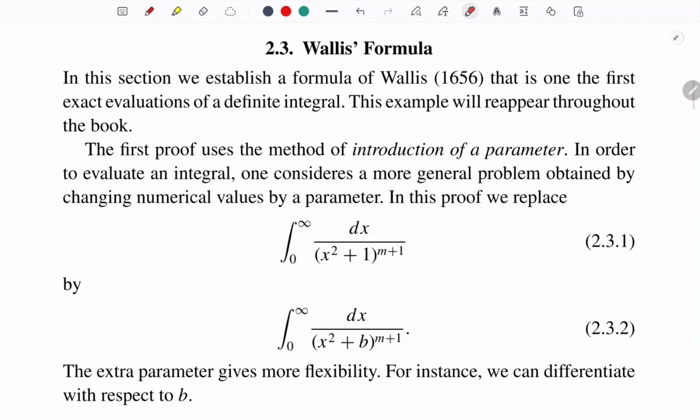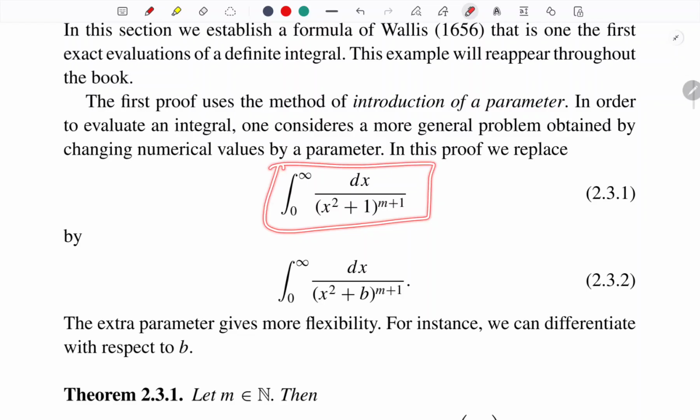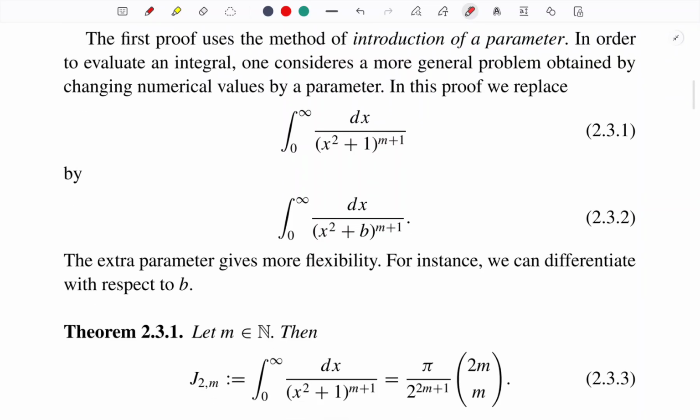And the first group uses the method of introduction of a parameter in order to evaluate an integral. One considers a more general problem obtained by changing numerical values by a parameter. In this proof we replace. So we have this integral, and when m is equal to 1, I hope you can understand that it's just tangent inverse of x evaluated from 0 to infinity, and it's just pi over 4.